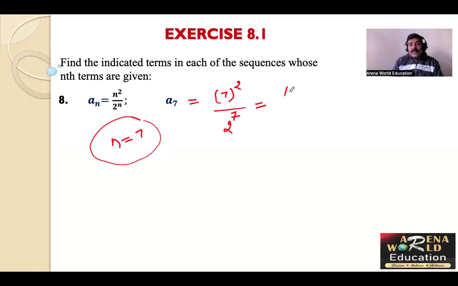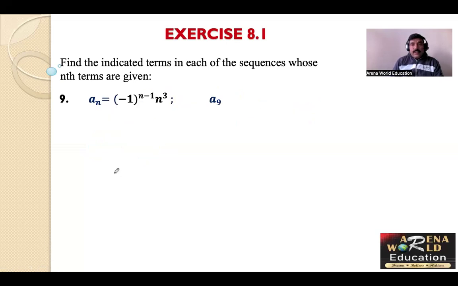So what is 7 square? It will be 49, and 2 raised to power 7 will be 128. So finally you will get 49 upon 128. So this will be the required seventh term of this sequence.